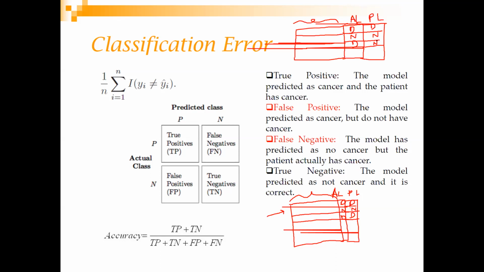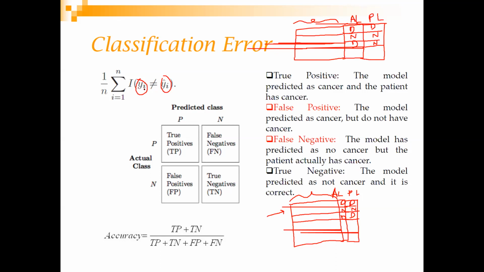Excellent, very good. So this is what I actually wanted to hear. If you look at this equation, yi is the actual label and yi-hat is the predicted label. So what we are counting are the cases where they are not equal.